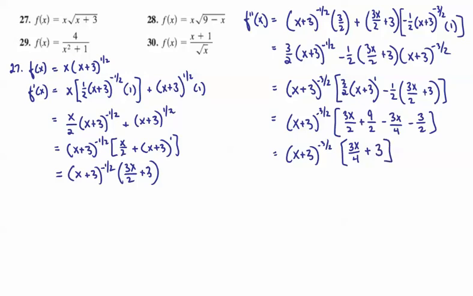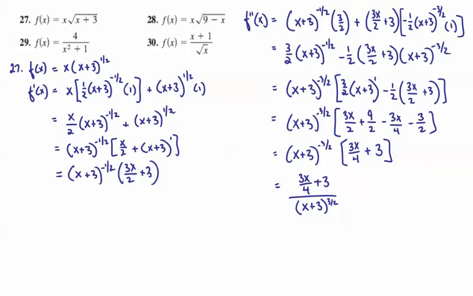And I think we're pretty close to being there. We have 3x over 4 plus 3 divided by (x plus 3) to the, well, now it's not to the negative, to the 3 halves.